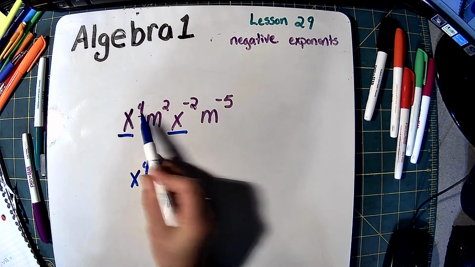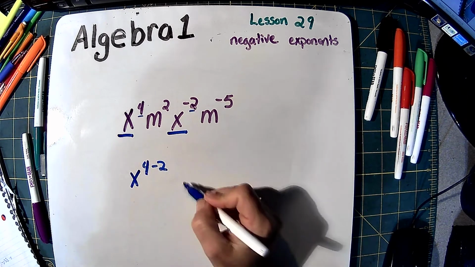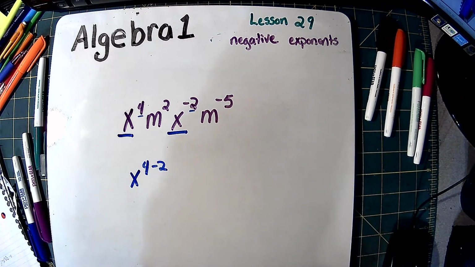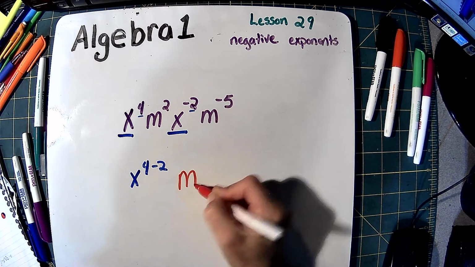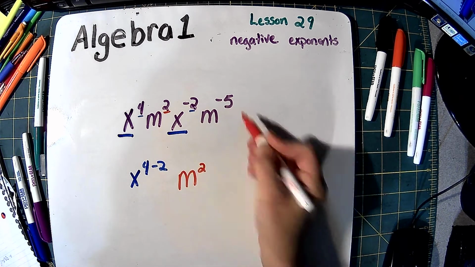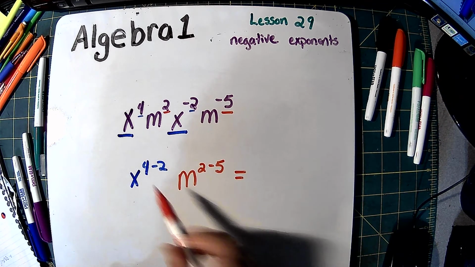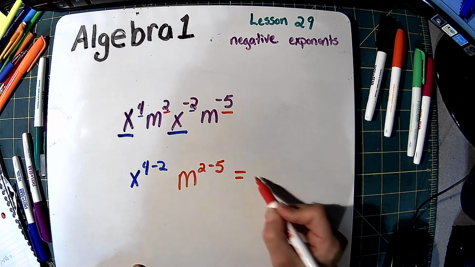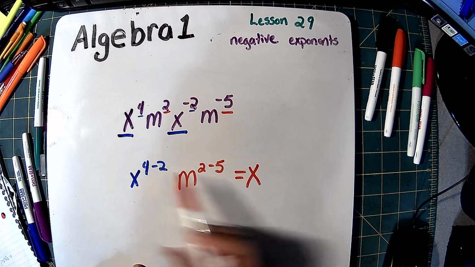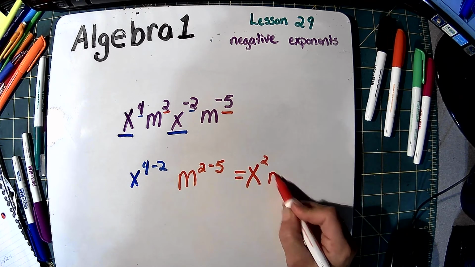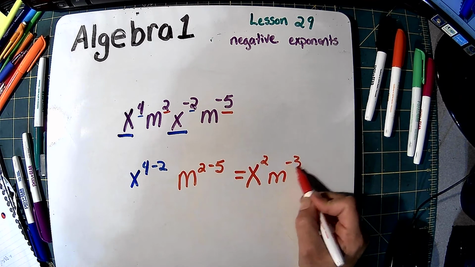Okay, so we've got our 4th and we've got our minus 2. And then our m's, we have m squared minus 5. That means that our exponent for our x is 4 minus 2, which would be 2. And then here we have 2 minus 5, which would be negative 3.